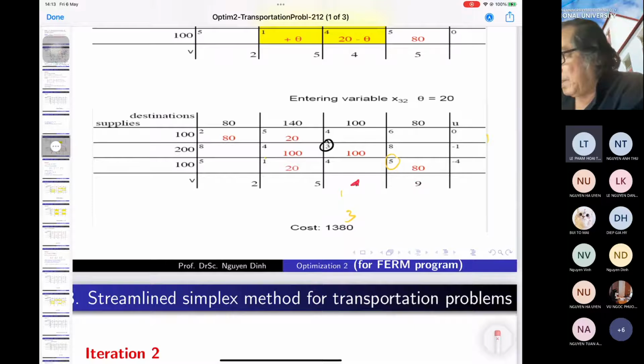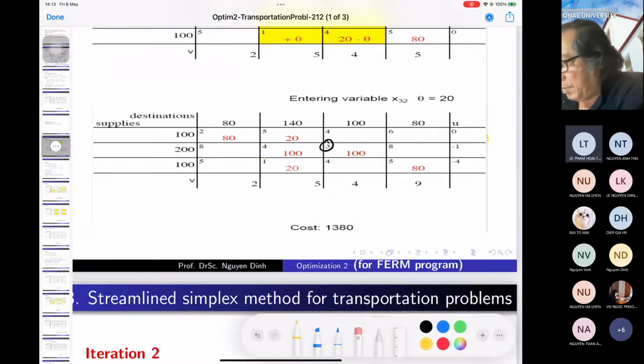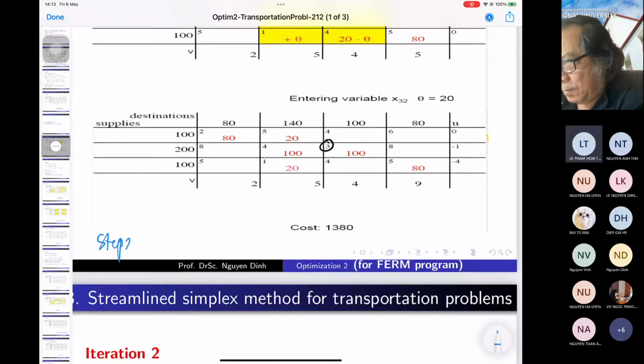So now I delete all the things I write out there. So take a look at this one, and now we calculate step 2. Step 2, first of all we calculate C bar ij. For ij belonging to gx, you calculate all of this.